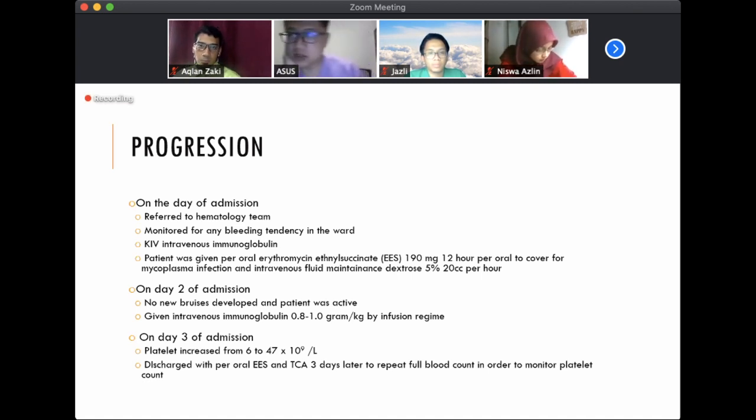Yeah, actually mycoplasma pneumonia can also be one of the associated factors, not really causing ITP, actually causing hemolytic anemia. Okay, but again, it is difficult for me to comment. But probably, how many siblings does the child have?